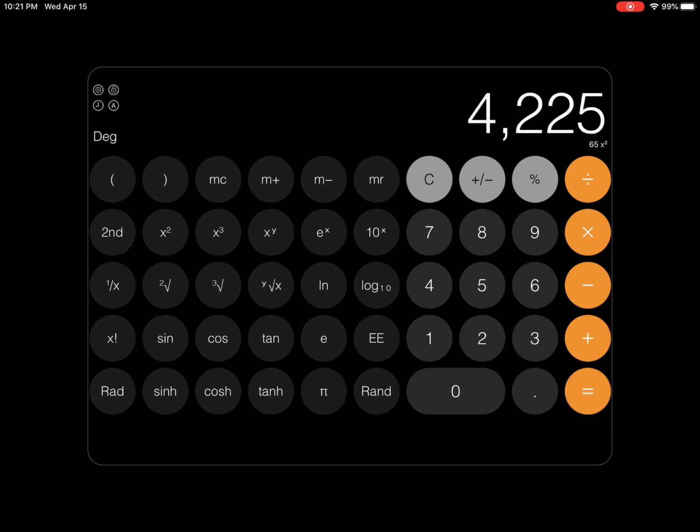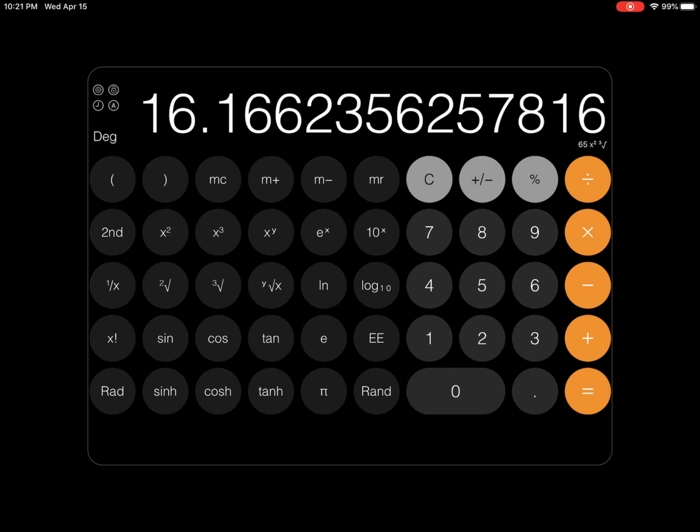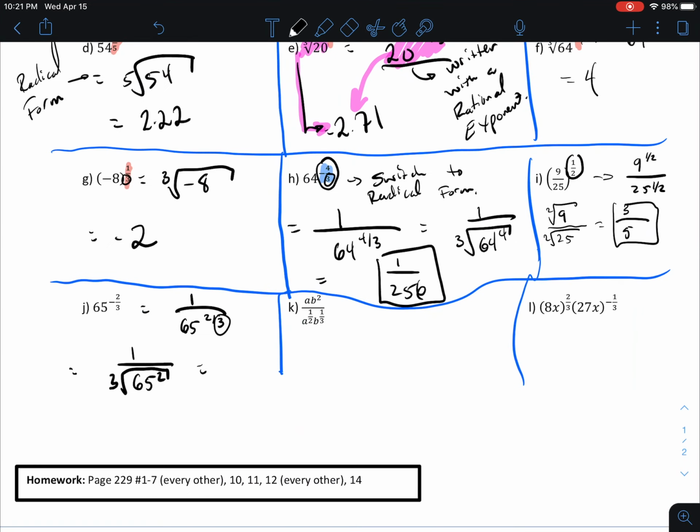So I'm going to go back to my calculator. And I go 65 squared is 4,225. And then I'm going to take the cubed root of that, 16.16. Okay.